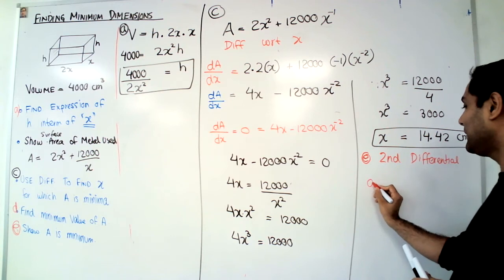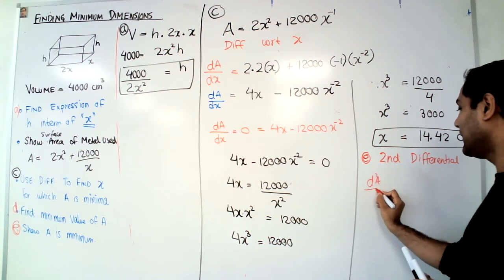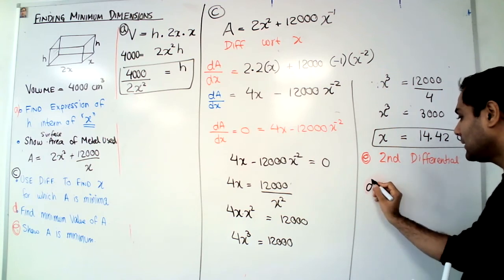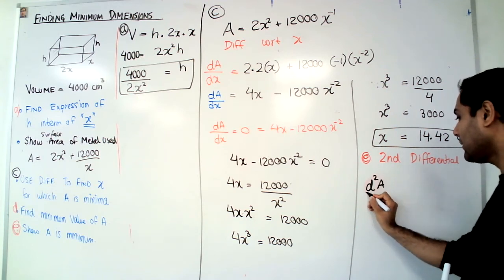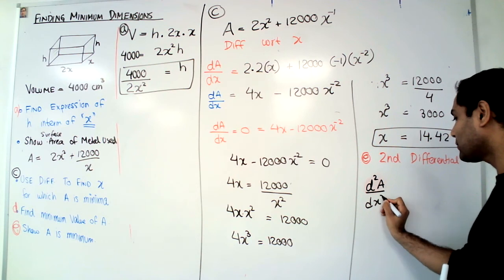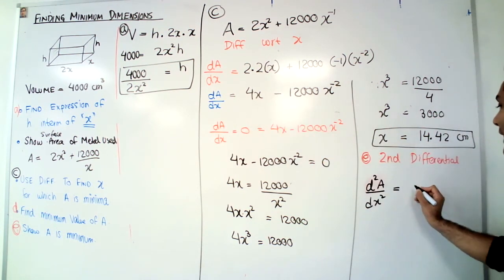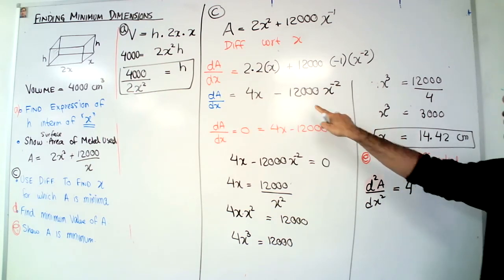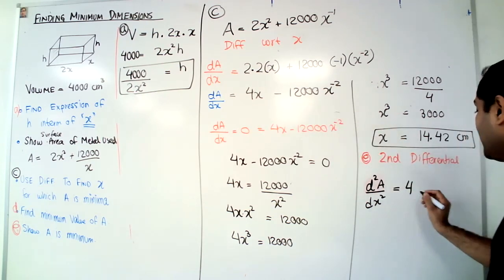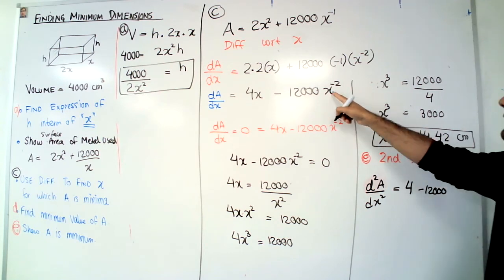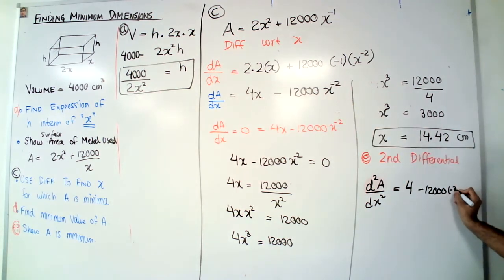Which means that becomes d squared A. Sorry, let me write it properly. That becomes d squared A over dx squared. When I differentiate the 4x, that will be just a 4. When I differentiate this thing, this is minus 12,000. When I differentiate that bit, minus 3 comes out.